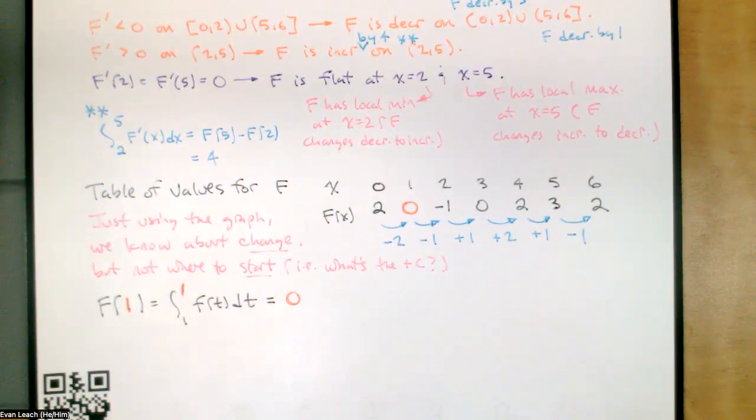There's another piece that we could read based on the derivative that we haven't used yet. We've got all the values. So if we were going to try to draw this graph, we know exactly where to put all the points. So actually, let's go over here and draw that.